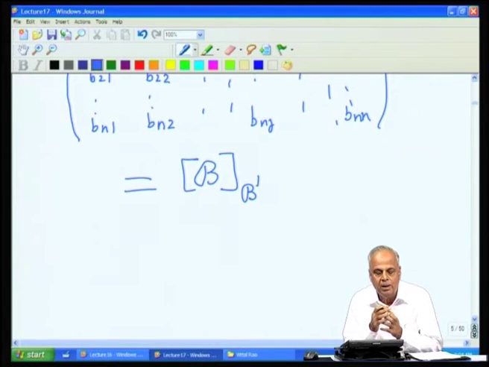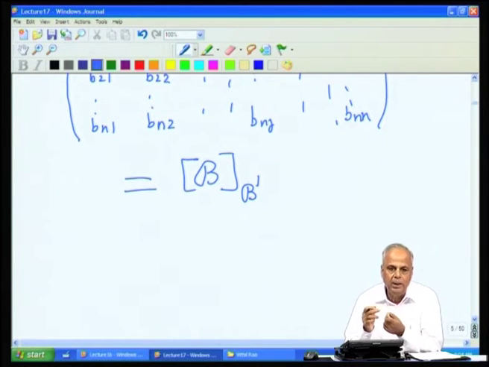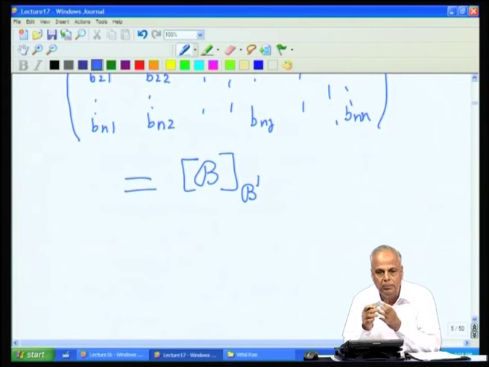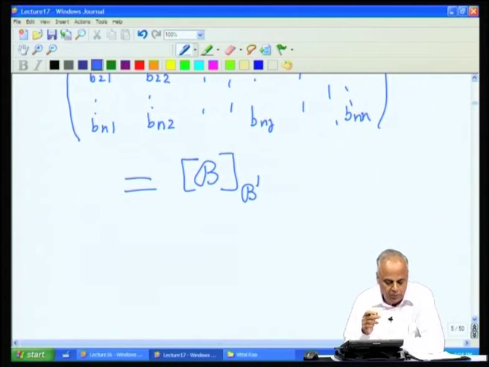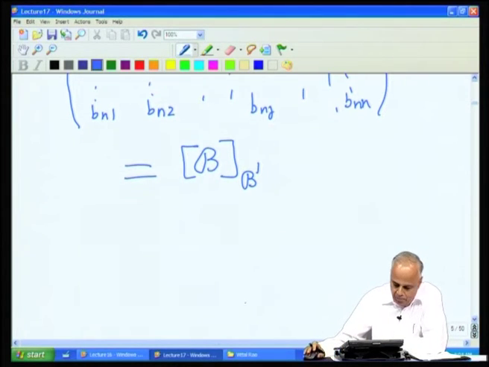We were saying that the two representations of a given vector in terms of the B and B prime basis will obviously depend on the relationship between the B and B prime basis. Now, we have captured in some form the relationship between the B and the B prime basis.